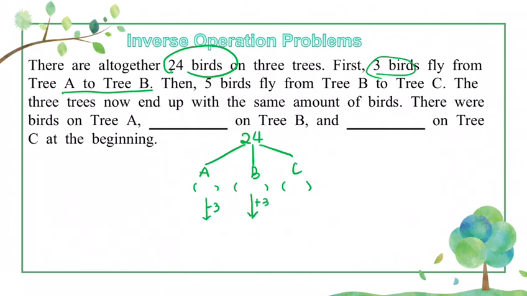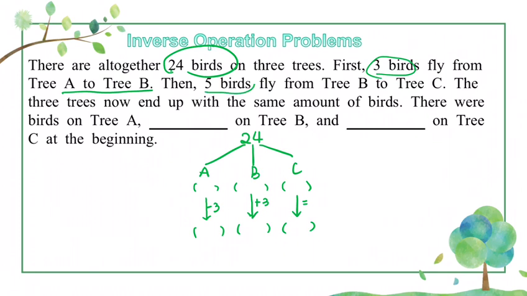How about tree C? Just keep still, so write down an equal sign here. And then you will get some numbers of birds on the trees. We don't know the specific numbers, so here I can use parentheses to represent them.